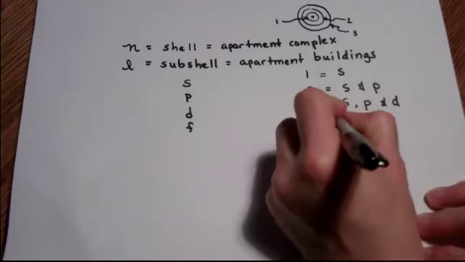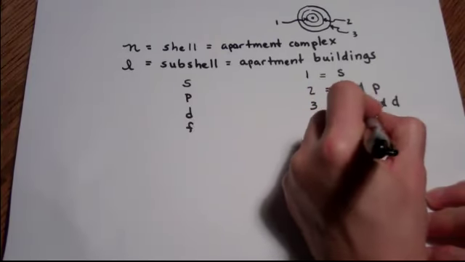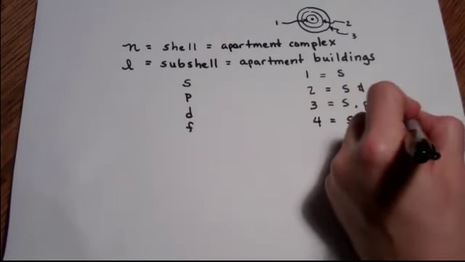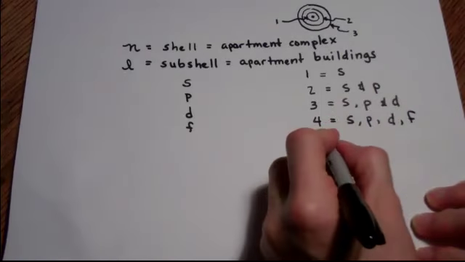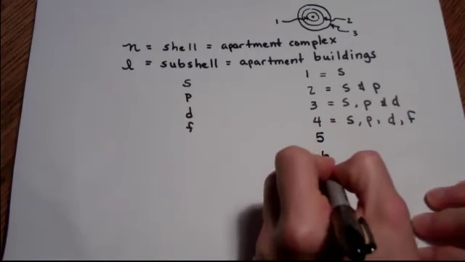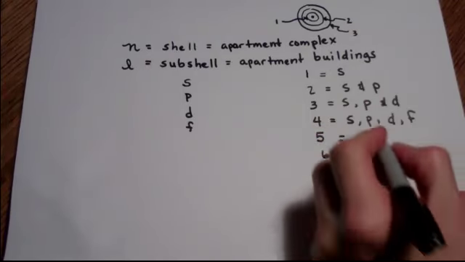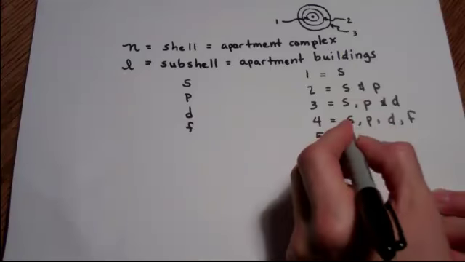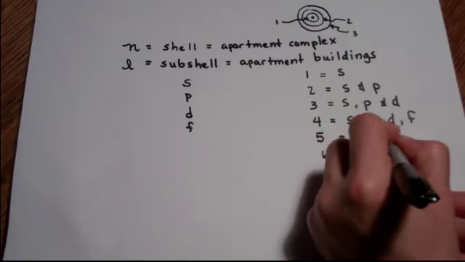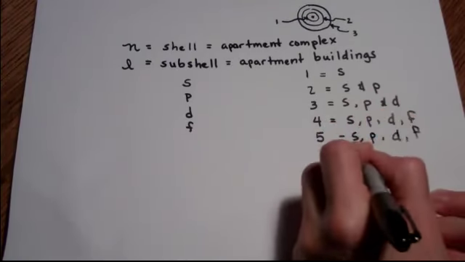And 4 has s, p, d, and f subshells. Then layers 5, 6, and 7 all contain these 4 possible subshells. So from 4 up, we've got s, p, d, and f possible.